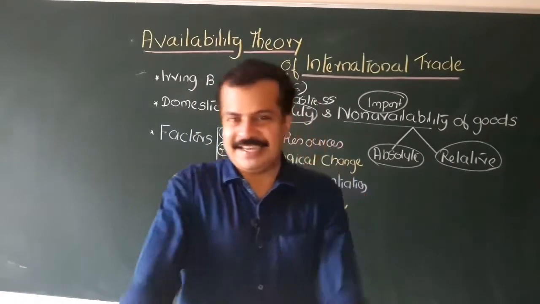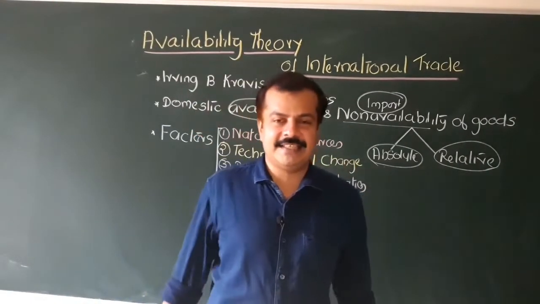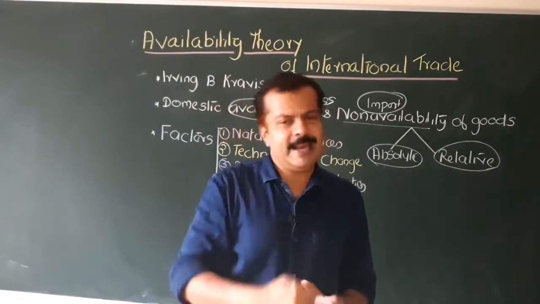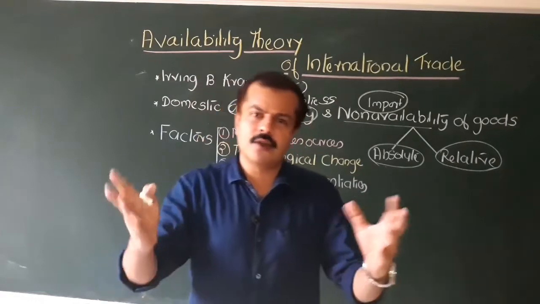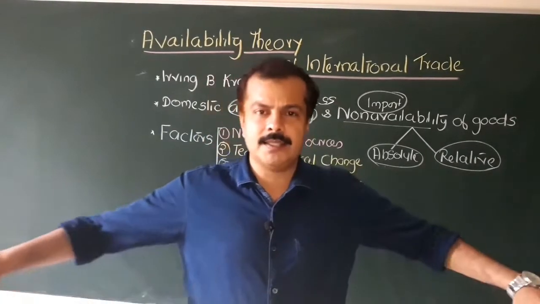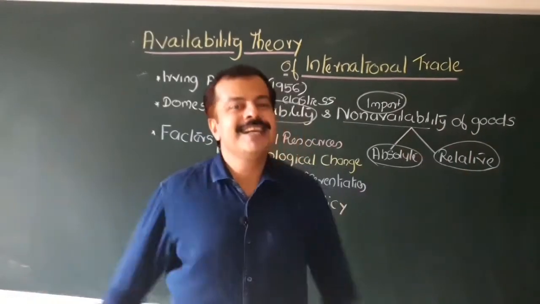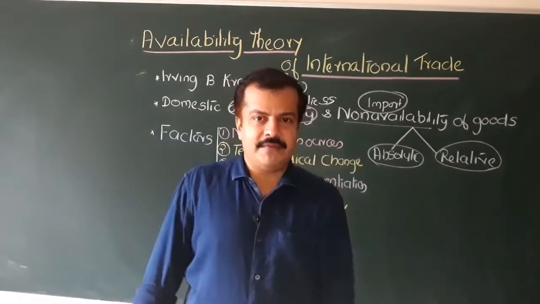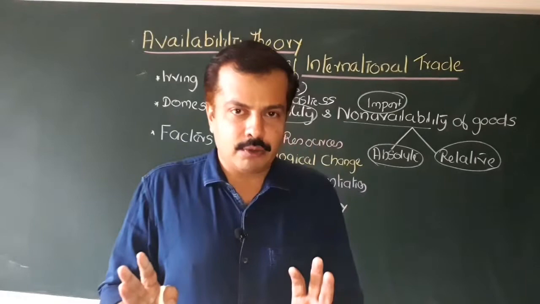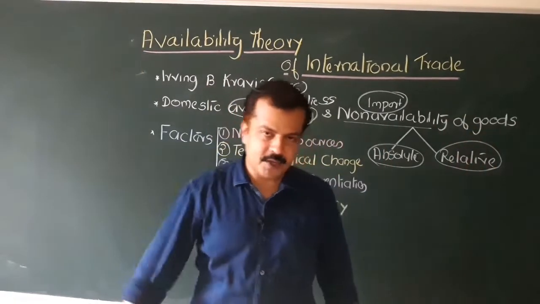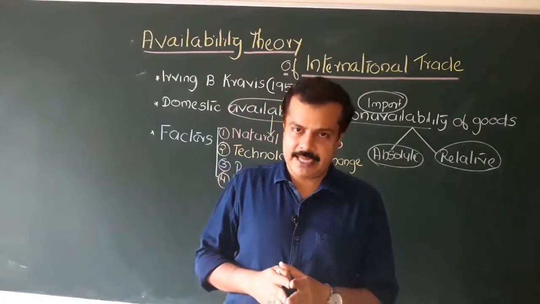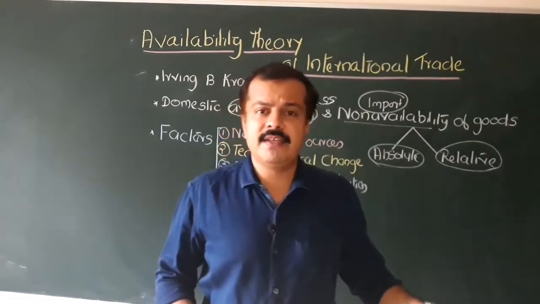This is definitely an extension of the Heckscher Ohlin model, because in Heckscher Ohlin there is no technical progress, as all countries are assumed to have the same technology. That's why at the very onset we said Kravis pointed out a number of limitations of the Heckscher Ohlin model. One of them is that it believes countries have the same technology.